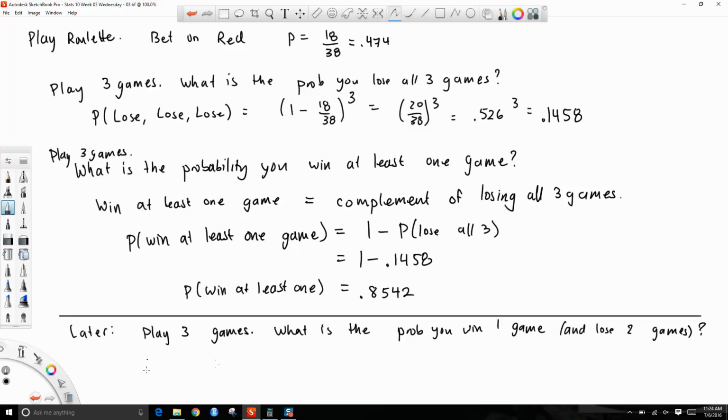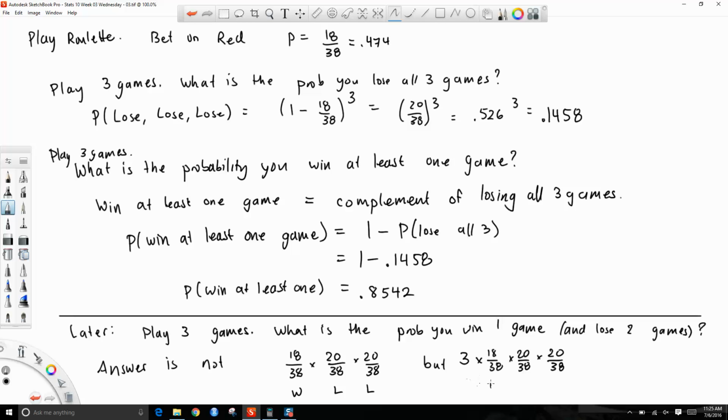The answer is not 18 over 38 times 20 over 38 times 20 over 38. This is win, loss, loss. It's not this, but it is 3 times this.